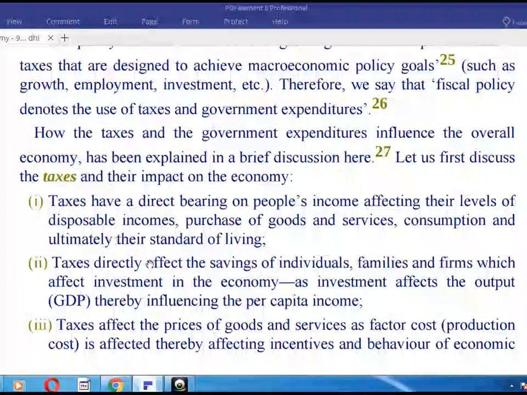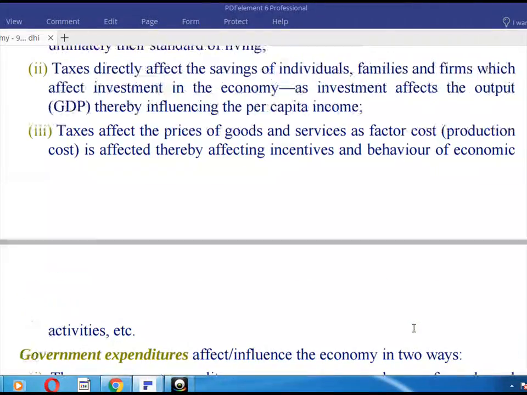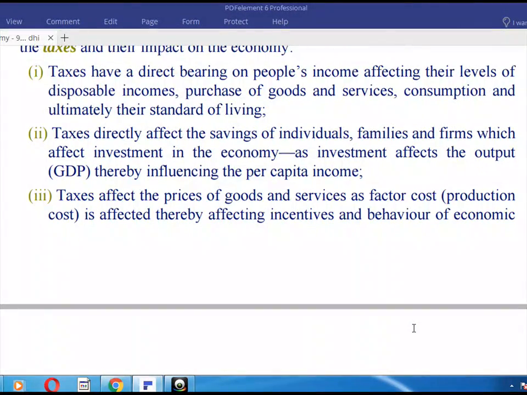These taxes directly affect the savings of individuals, families, and firms, which affect investment in the economy, and investment affects the output GDP, thereby influencing the per capita income. Taxes affect the pricing of goods and services. Production cost is affected, thereby affecting investments, incentives, and behavior of economic activities.